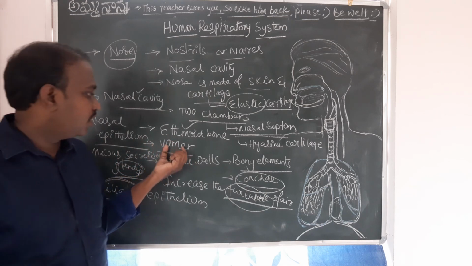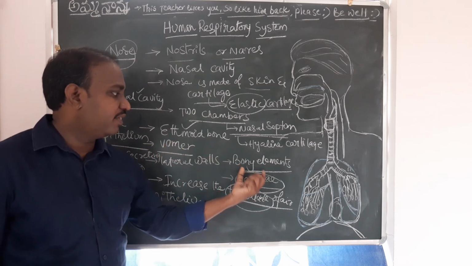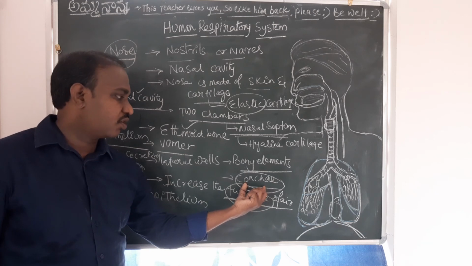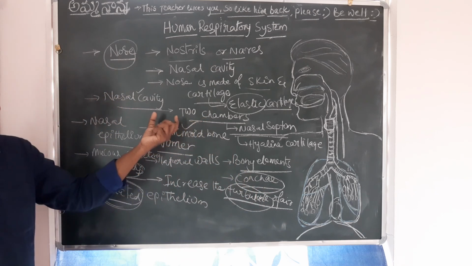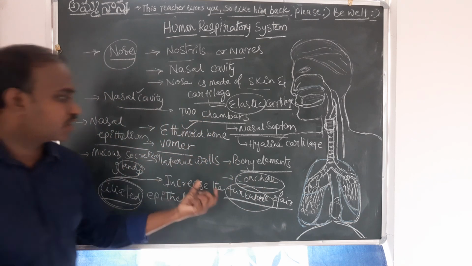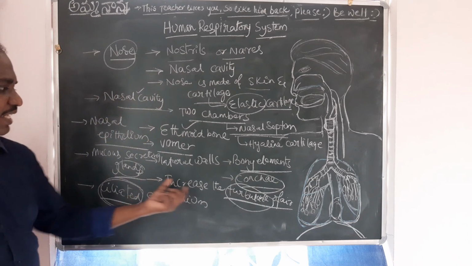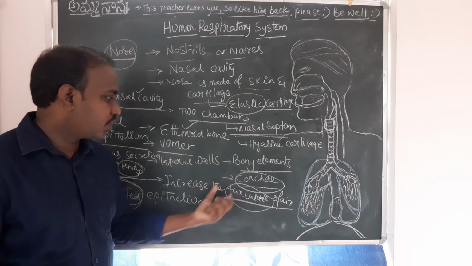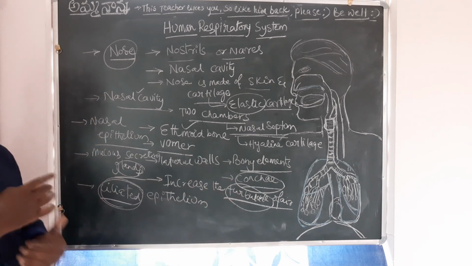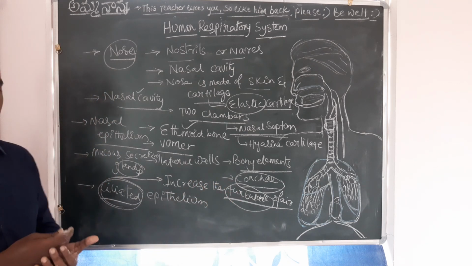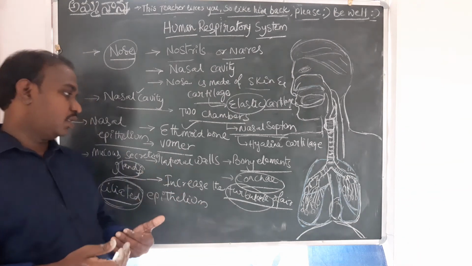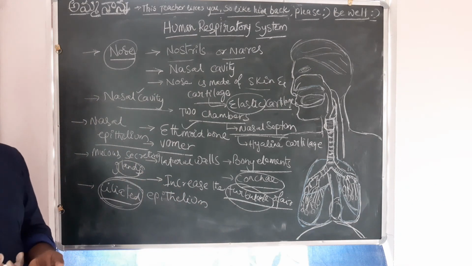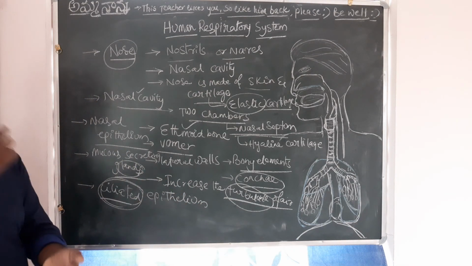Apart from these two, we also have bony elements called conchae. Conchae are a part of the ethmoid bone itself. What is the function of the conchae? They increase the turbulence so that the air is bounced around. As the air is bounced around, dust particles and incoming microorganisms are trapped.